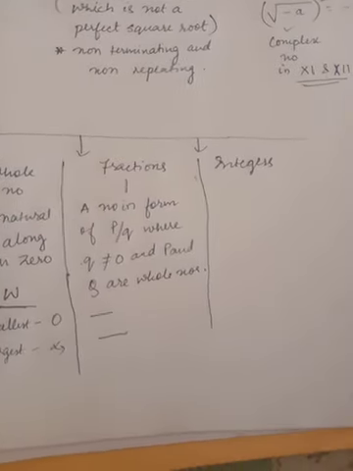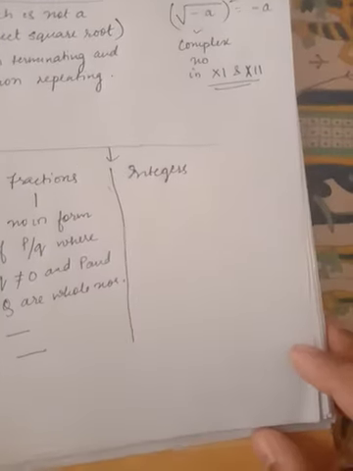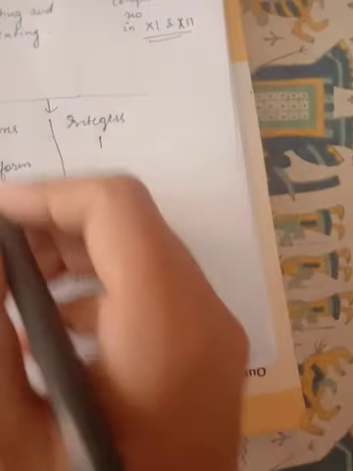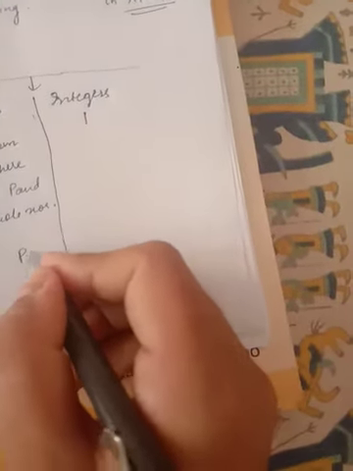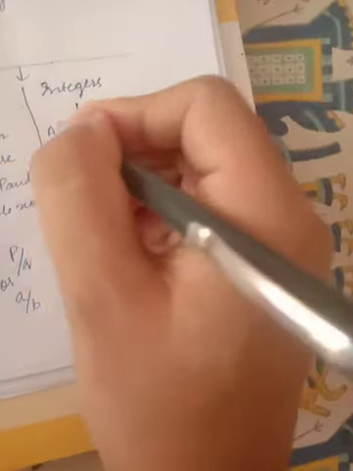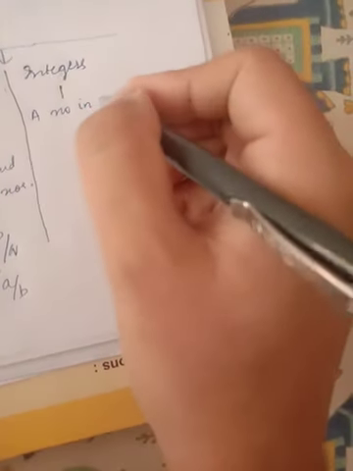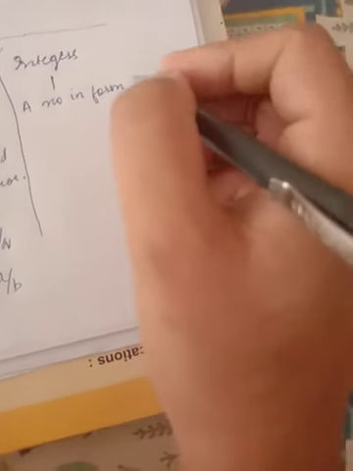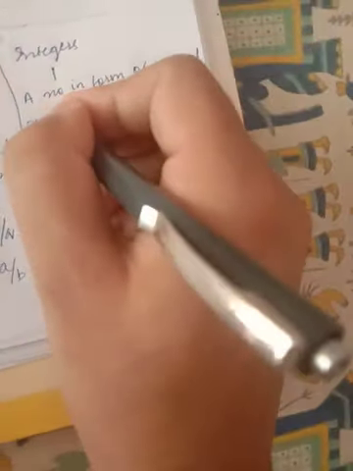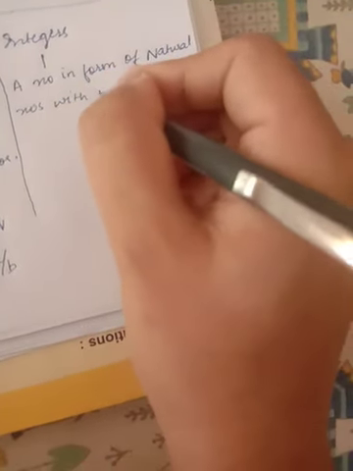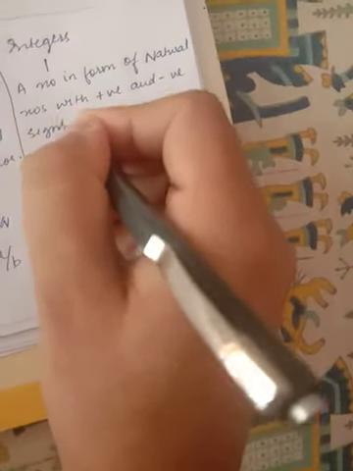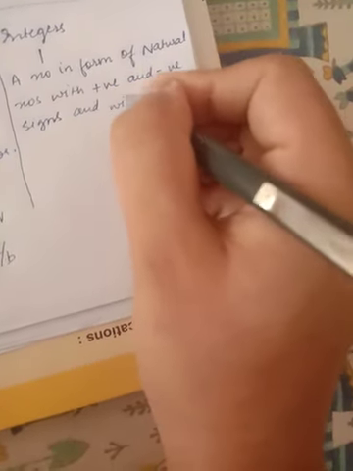Now let's talk about the important thing that you have already read in class 8, integers. The fraction is denoted in the form of p by q or a by b. Integers are natural numbers with positive and negative signs and with 0.